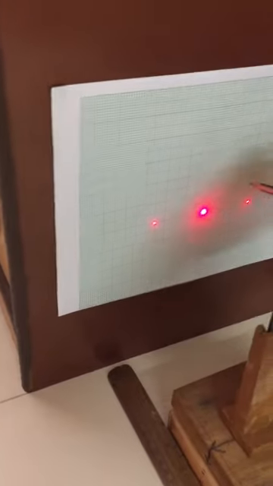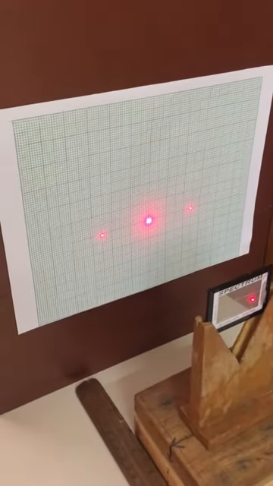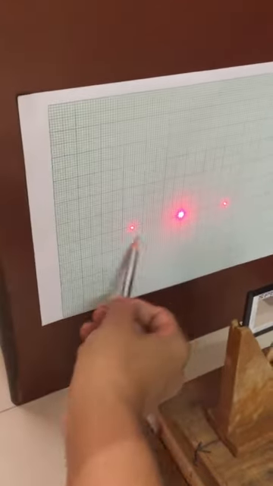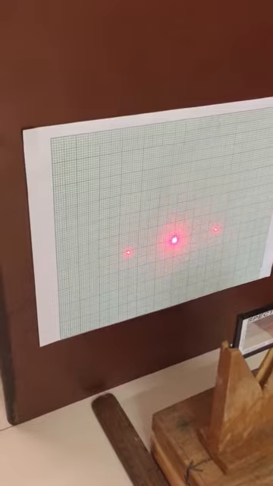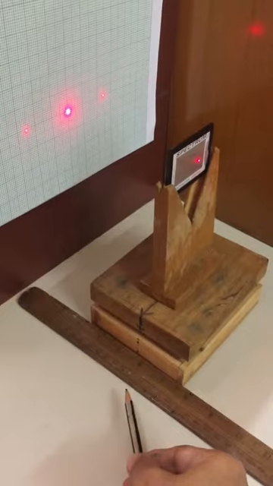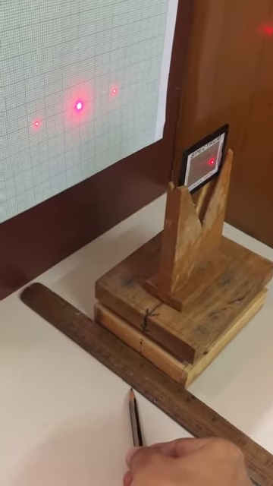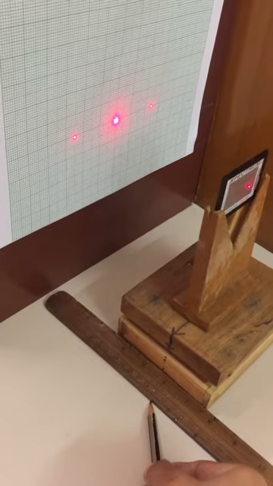The same thing happens on the opposite side, and we observe 5 centimeter LHS and 5 centimeter RHS as the reading for X value. Then what is L? Capital L stands for the distance between screen and grating, and that has been measured with the help of this scale. If you measure, this distance is 14 centimeter.